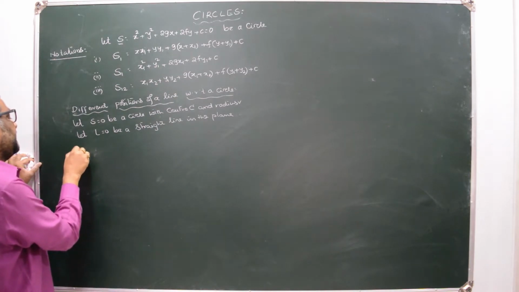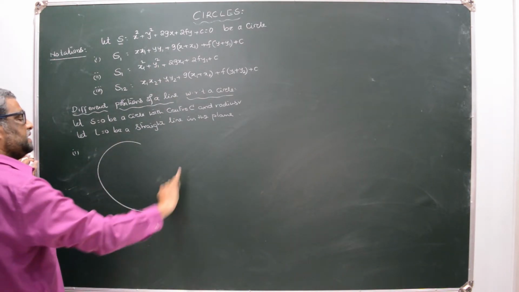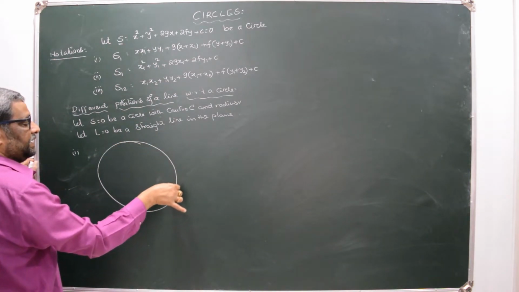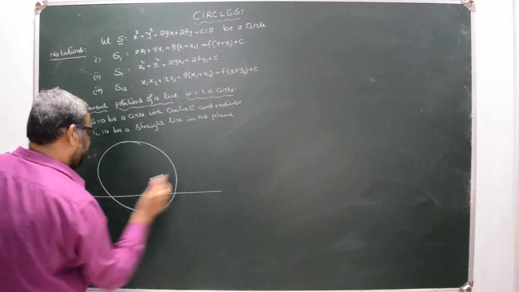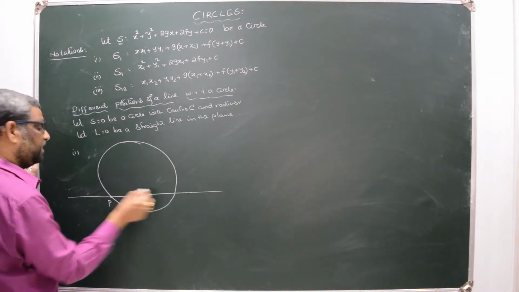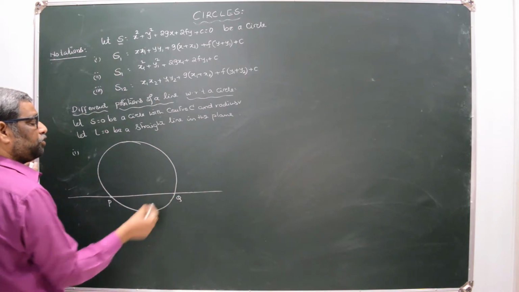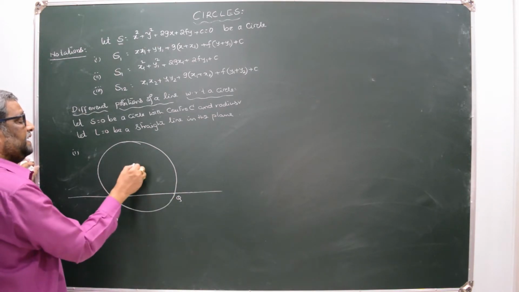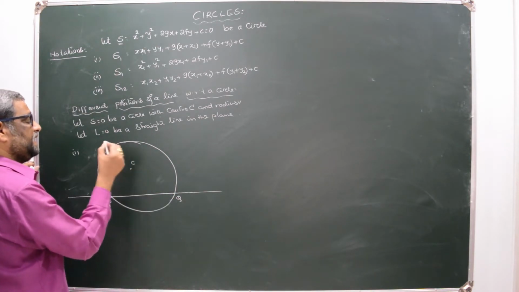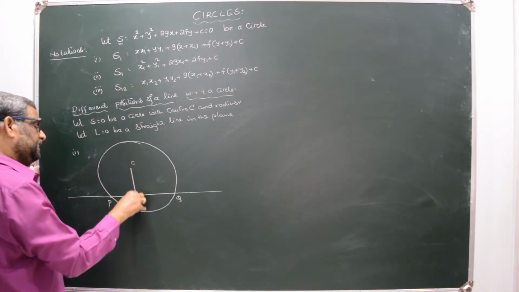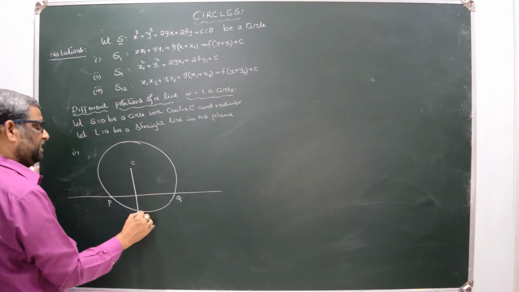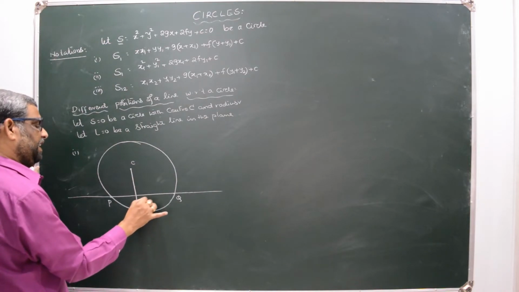Now I will consider case 1. I will consider the circle like this, and take a straight line which cuts the circle in 2 points. Whenever it cuts the circle in 2 points, it is called a secant. I will take this one as C. CM is the radius.